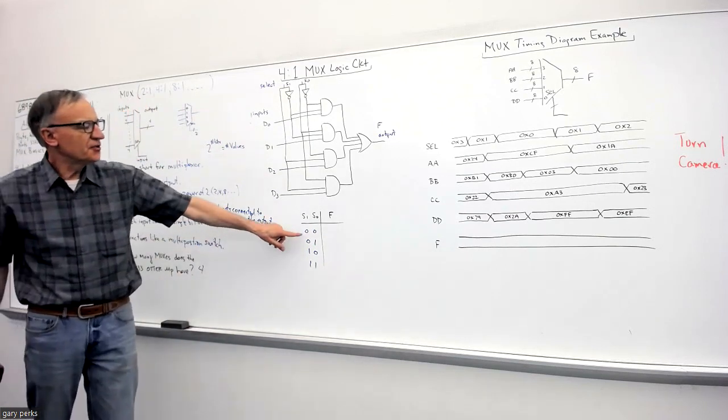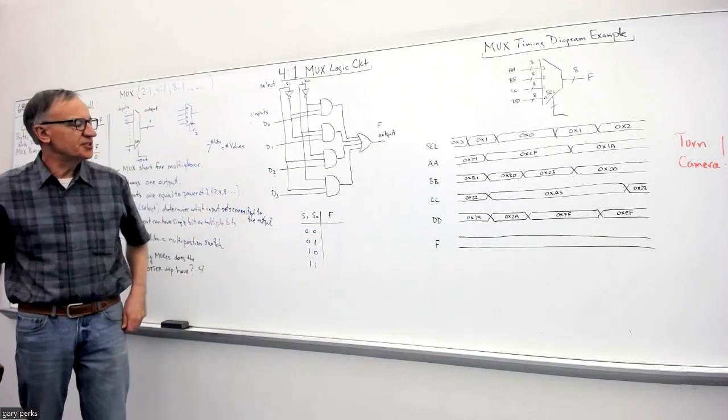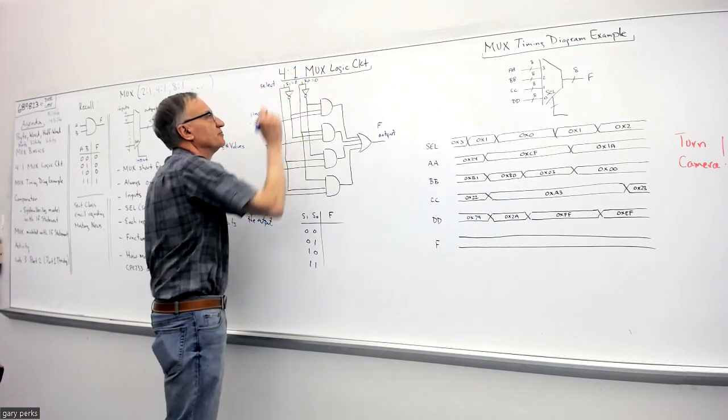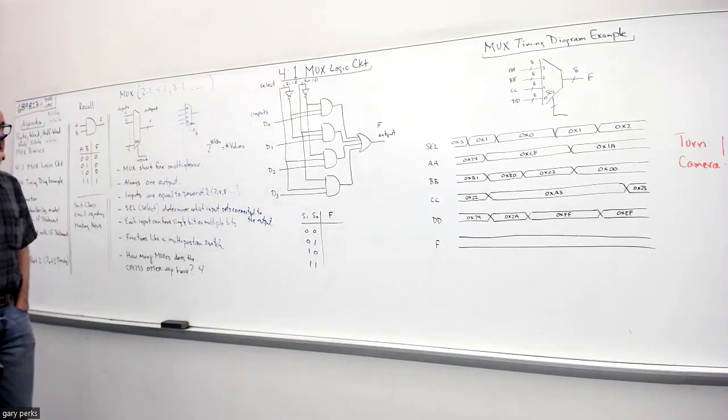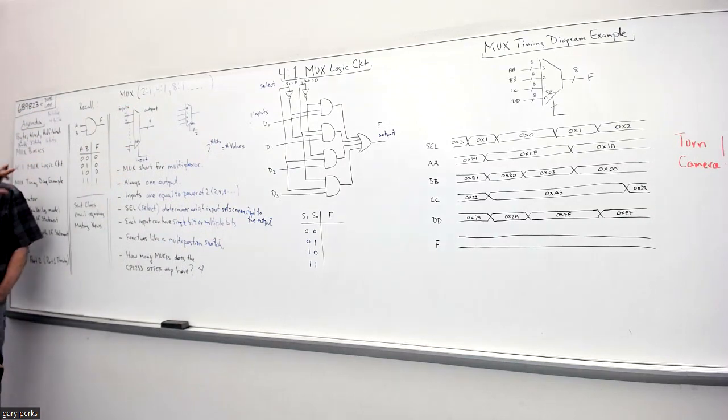So let's first see what the output F is going to be when both select bits are 0. Okay, so this select bit is 0, this select bit. Okay, now before we start going through that logic diagram, let's back up a minute and go back to an AND gate. Again, we talked about an AND gate.